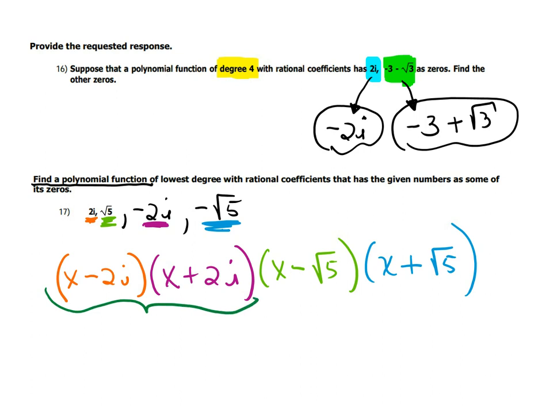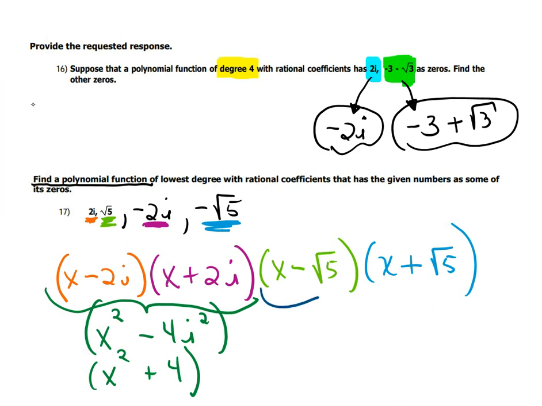So all I have to do is first times first and last times last. Of course, i squared is really a negative 1, so this becomes x squared plus 4. And then back here, when I do these two, same thing, they're conjugates. So first times first is an x squared. Outsides and insides cancel. And the square root of 5 times the square root of 5 is just a 5, with a negative sign.